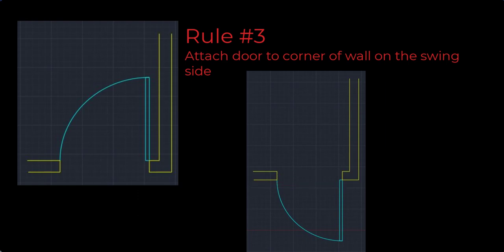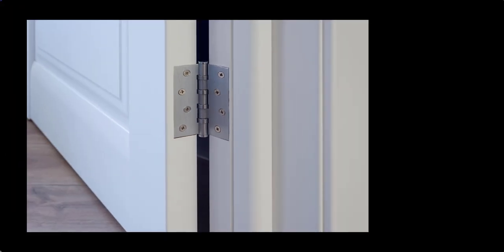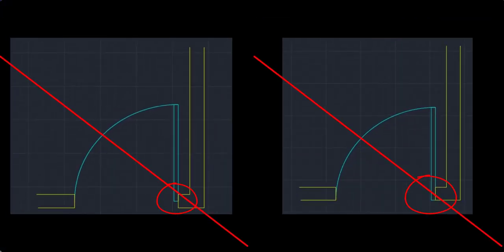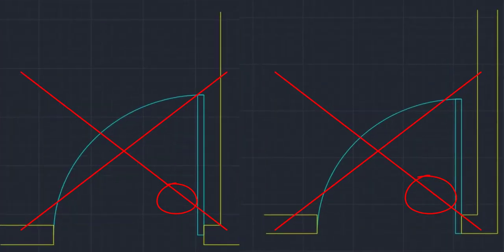And if you think about it, that's the way door hinges work. If you look at the hinges in your room, at home or at school or at work, you will see that the hinges are always on one side of the wall or the other. They are never in the middle. So make sure that you're placing the door correctly that way.